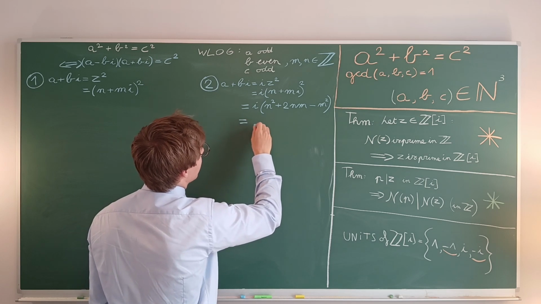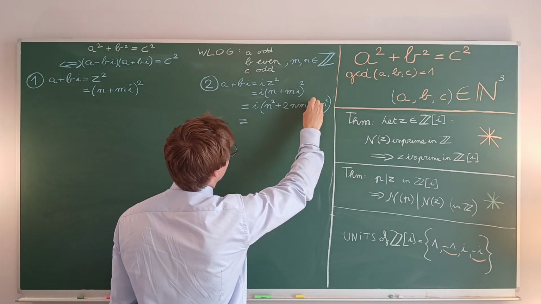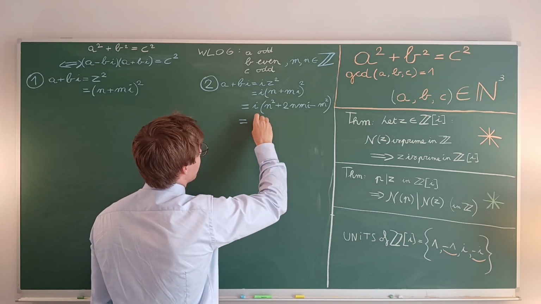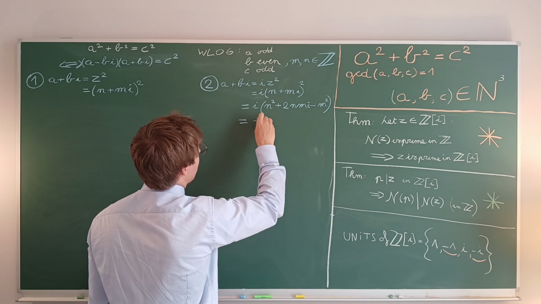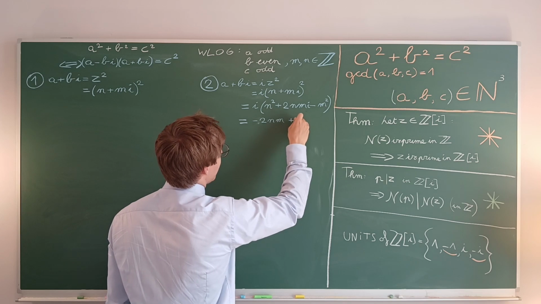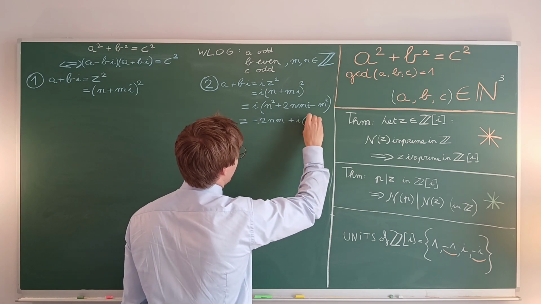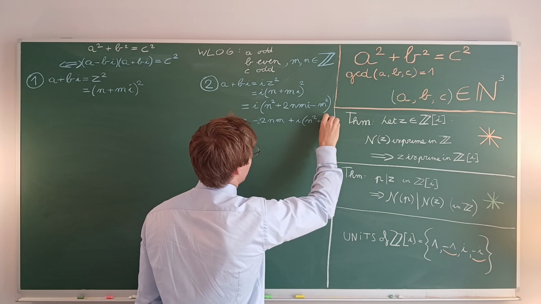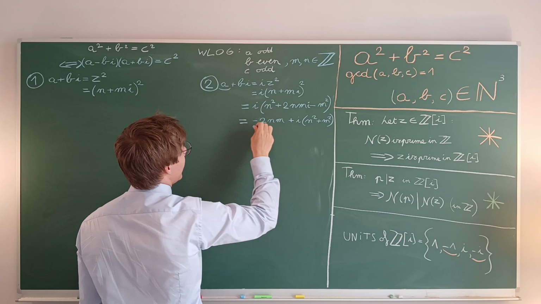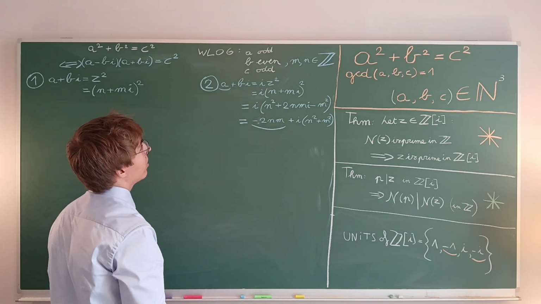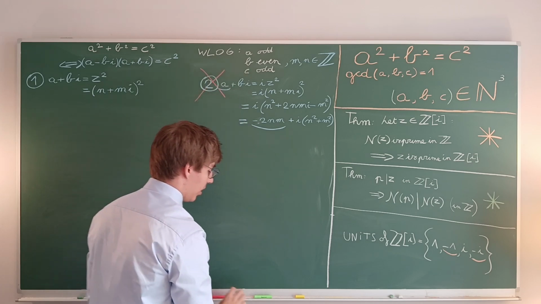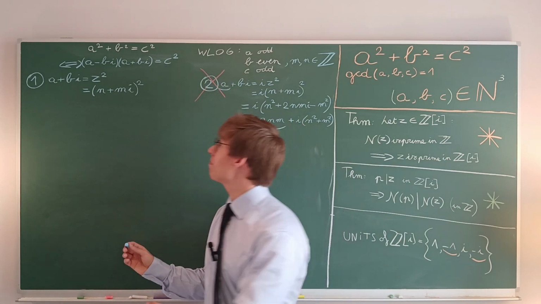So this would mean, I forgot an i, so this would be n squared minus m squared minus 2nm plus i times n squared plus m squared. But this a was odd and this is even. So this case won't work. Then only the first case remains.